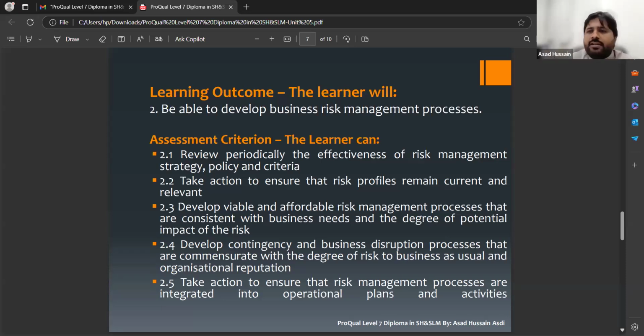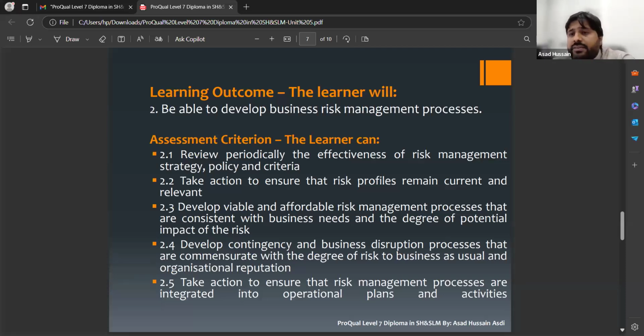So the different levels of management actually define the frequency of conducting the reviews on any matter. So in this 2.1, they have to give a clear picture of risk management strategy, policies, and criteria.